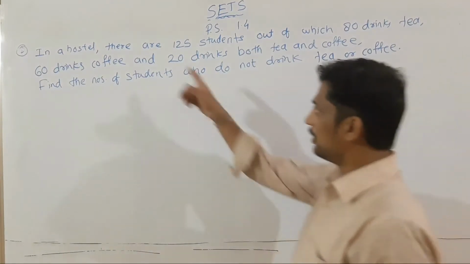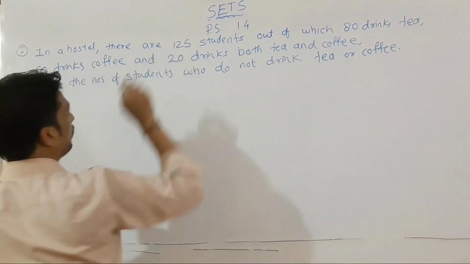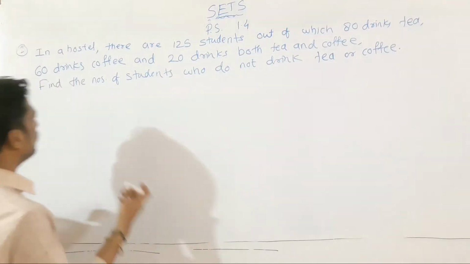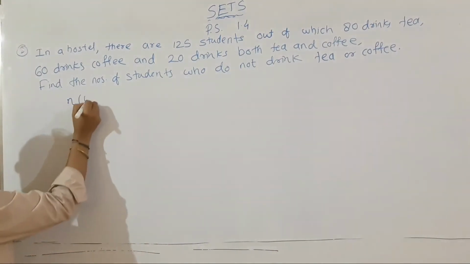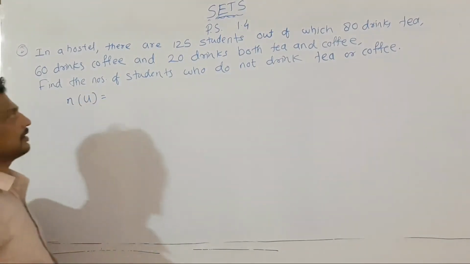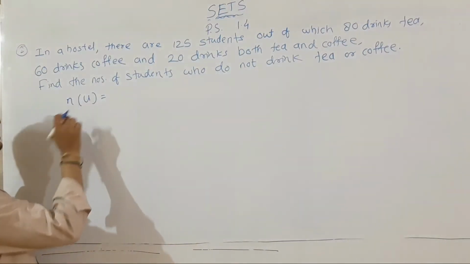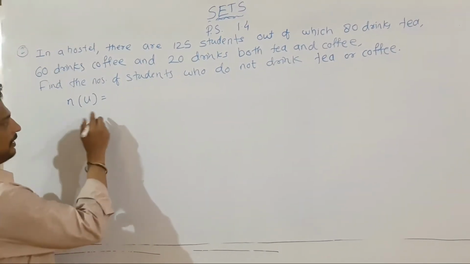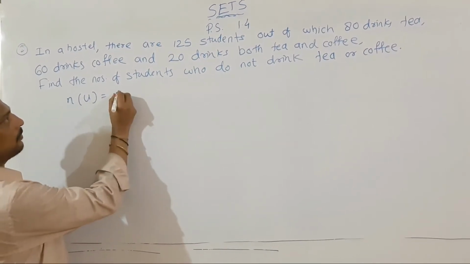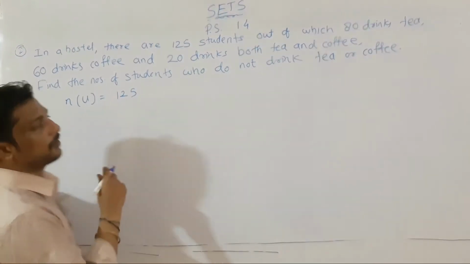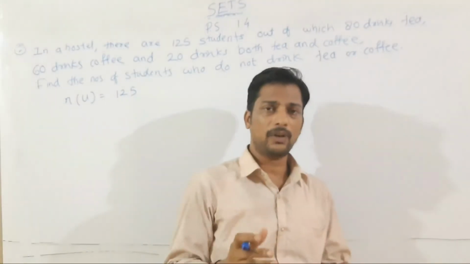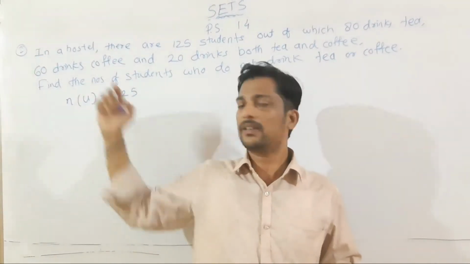Fine. Now here, in a hostel, there are a total of 125 students. So, the number of the universal set is 125. You get it? That means there are 125 elements in the universal set.